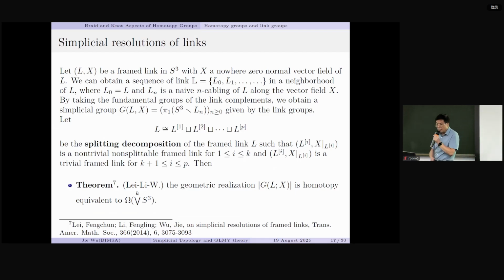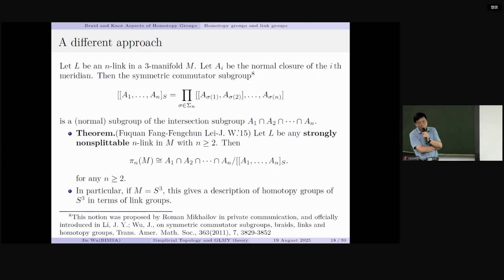Okay, now let's go more in this direction. You can see that if you take a slightly different view, rather than looking at the simplicial resolution like this to make the simplicial groups, you can look at cubical diagrams.